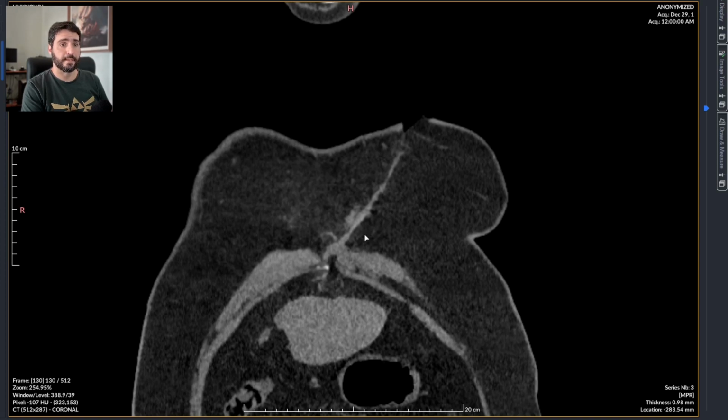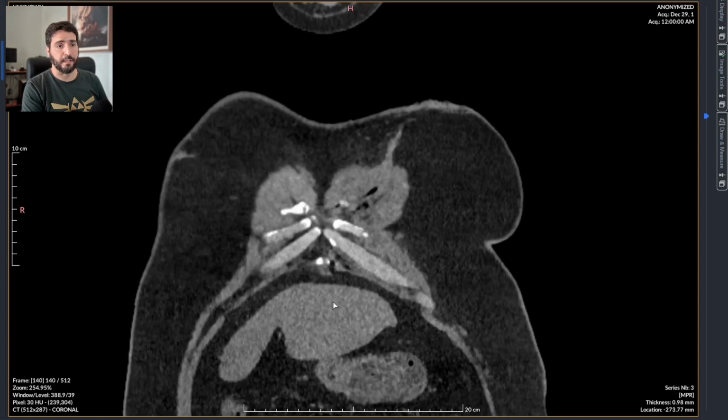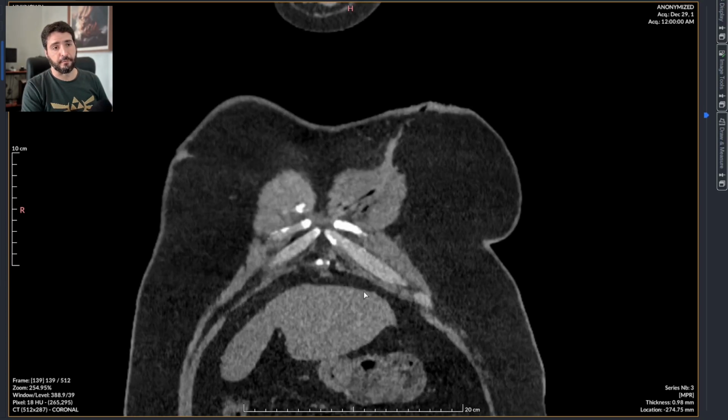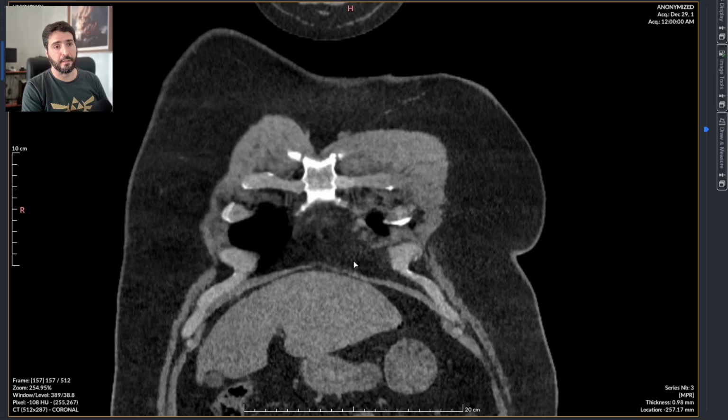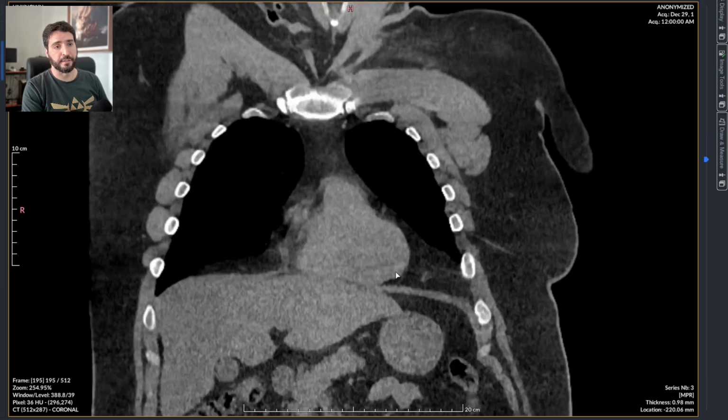This is the trajectory, this is the laceration, and this is the trajectory of the knife blade towards the heart and the liver. So we have the left lobe of the liver right here and the heart just above it.